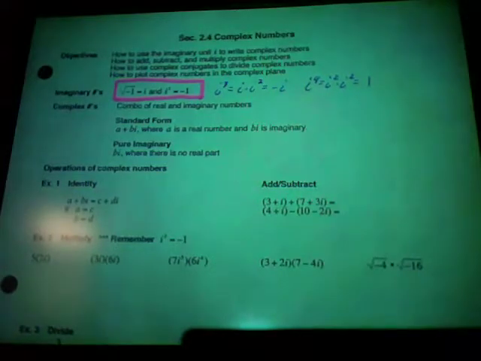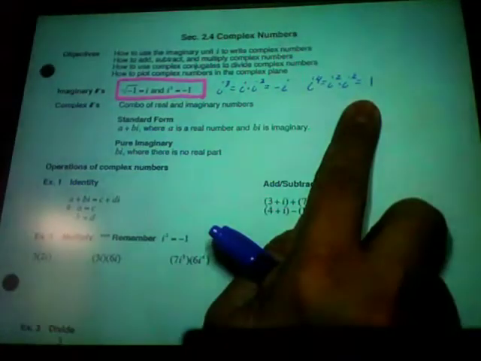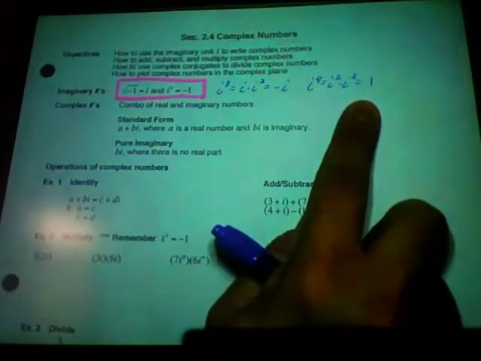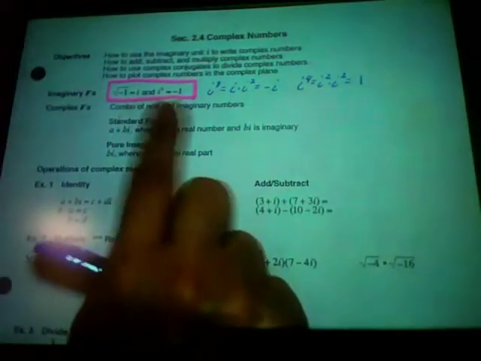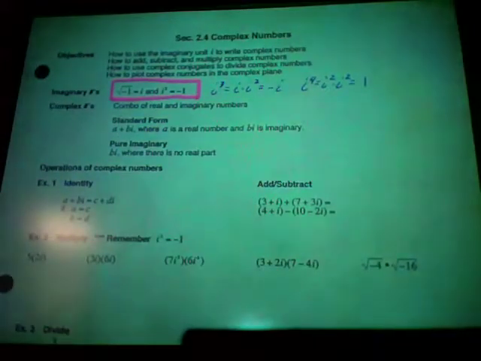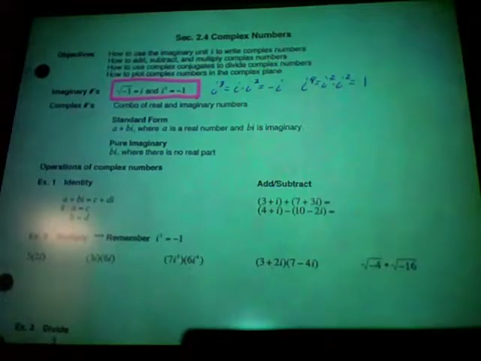What's i to the 4th, which is 1, times i? Just i, right? And so it starts to repeat itself. And so if you could get to the first 4, then they all tend to repeat from there in various patterns. So we'll use all that in a minute.